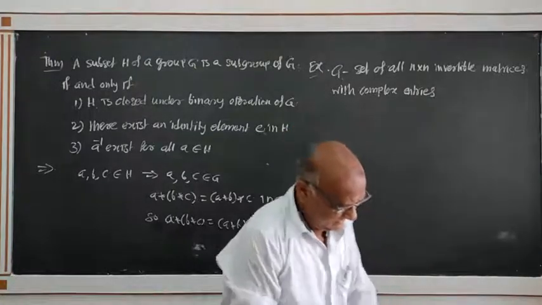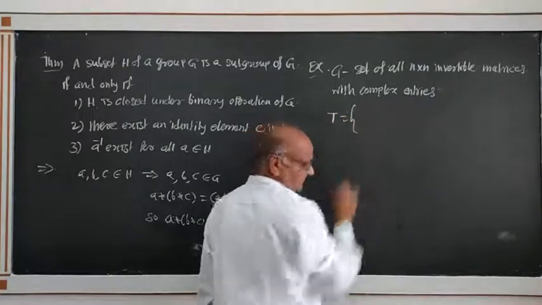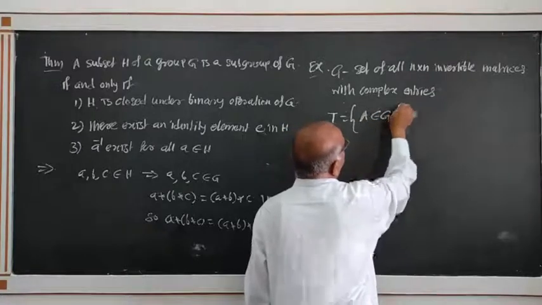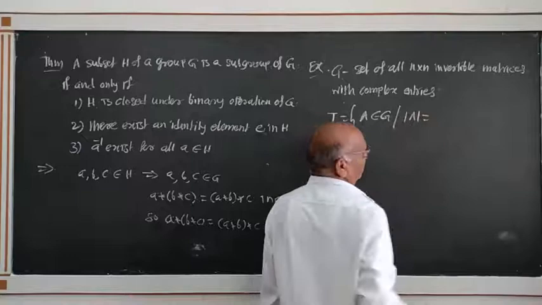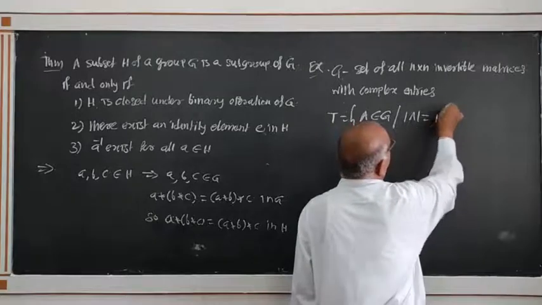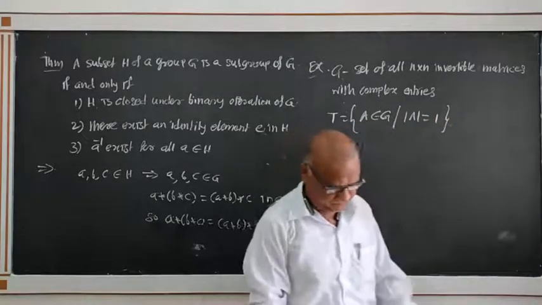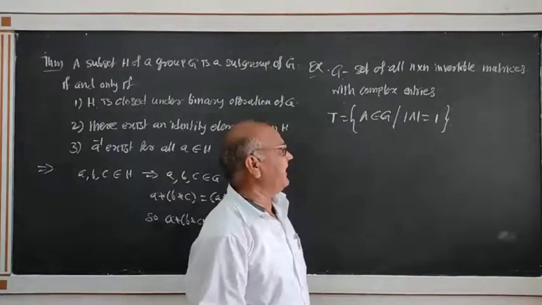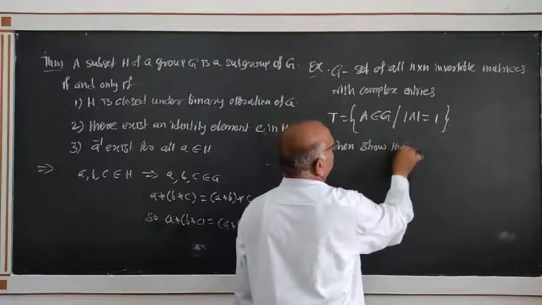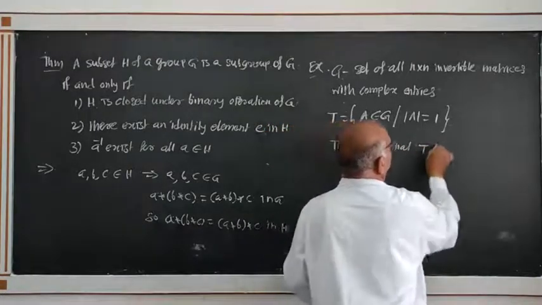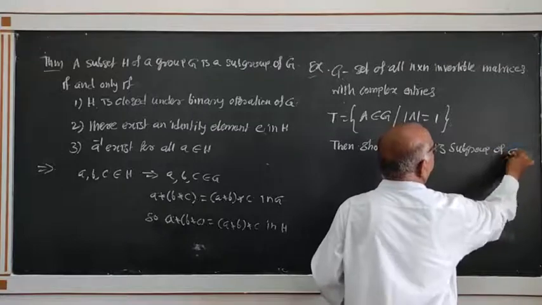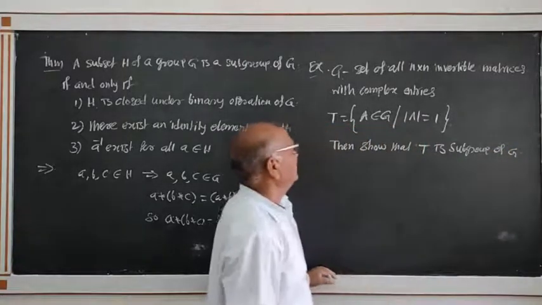And T is the set of A belongs to G such that determinant of A is equal to 1. Then show that T is a subgroup of G.